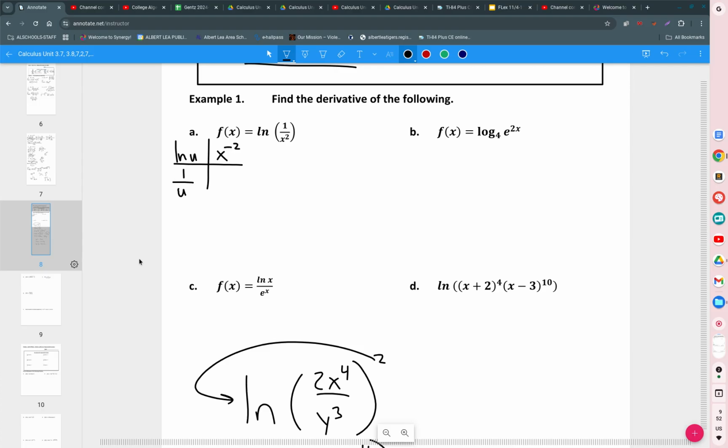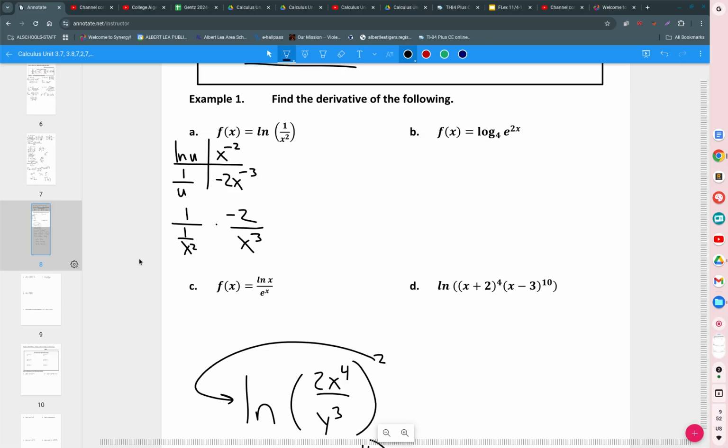And the derivative of x to the negative 2, so I'm going to take 1 over u, or 1 over x squared, and multiply it by negative 2 over x cubed.